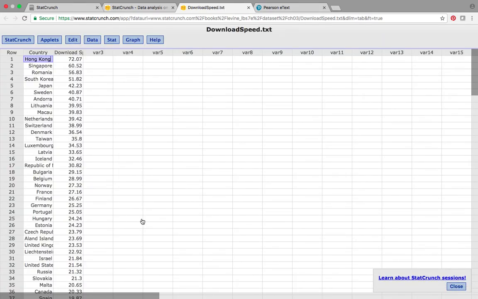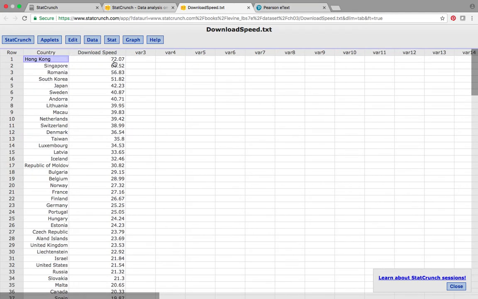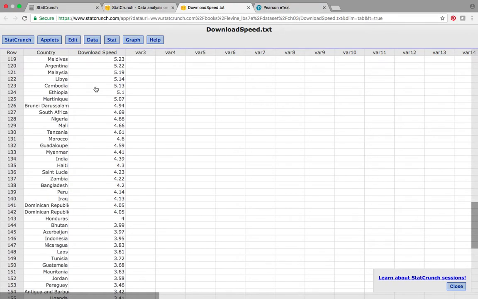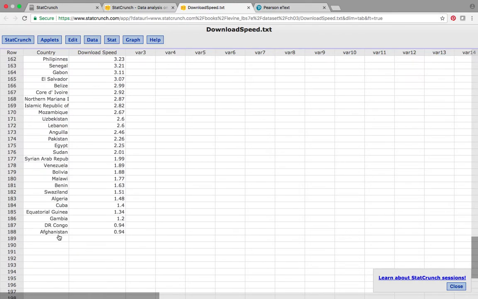You can see that it's already sorted the data. In other words, it has the download speeds in descending order. Let's just see the countries that have the lowest download speed.